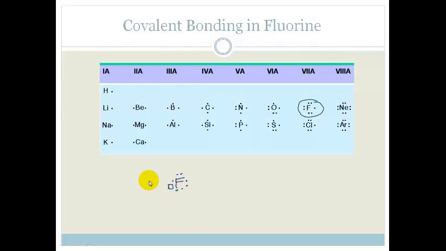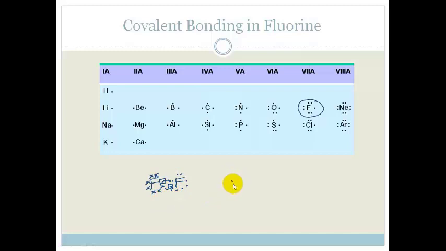So I could draw another fluorine this side, and I'd be going 1, 2, 3, oops, I should be doing crosses. 1, 2, 3, 4, 5, 6, and then we've got a 7 there. And do you see that there's like a space here?